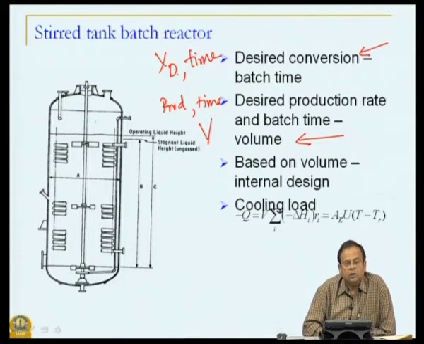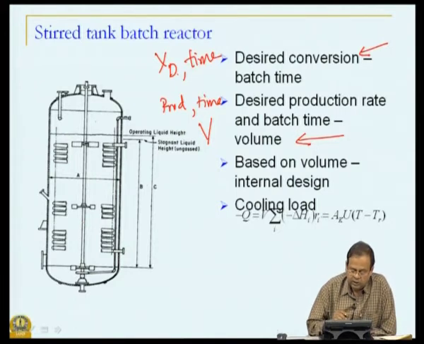The last thing that one needs to design, because this is an exothermic reaction, and if you go back to our energy balance and the fact that we want to run this as an isothermal reactor, is the cooling rate that is required.